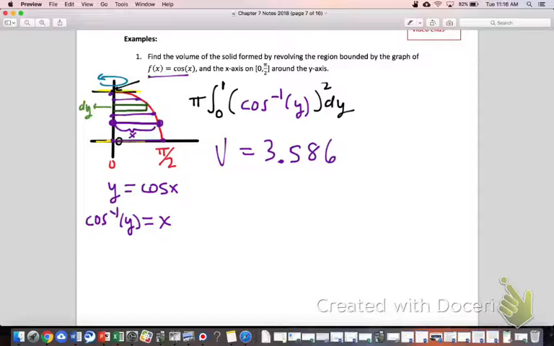I should probably be in radian. Definitely calculator active here.